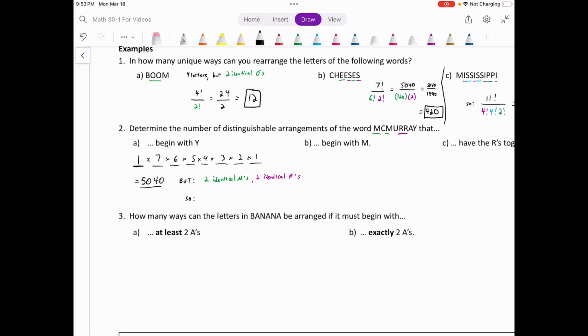So we actually have 5,040, sure, but we need to divide it by 2 factorial times 2 factorial.